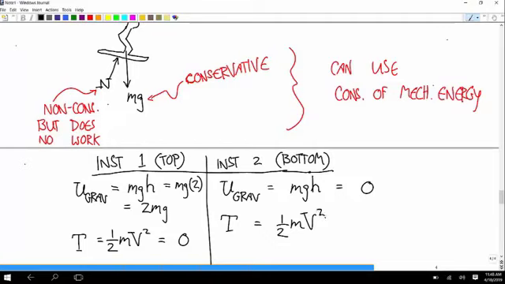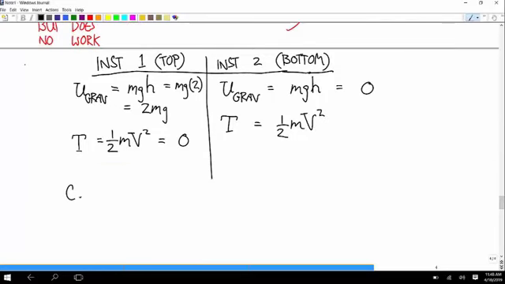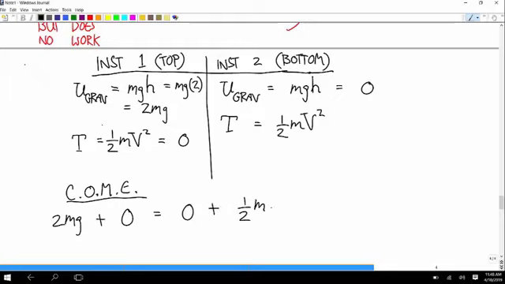This time, we're trying to find that v, so I'll just leave it in there so we can solve for it. Conservation of mechanical energy: 2mg plus 0 is equal to 0 plus 1/2 mv squared.